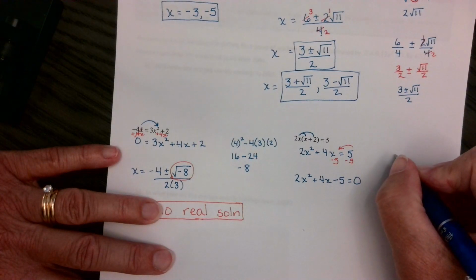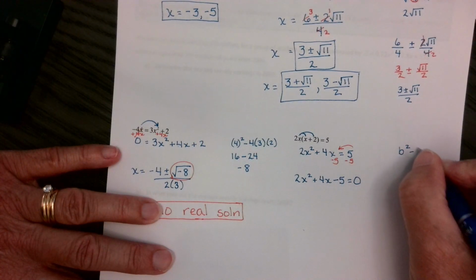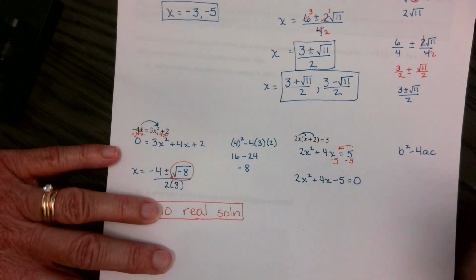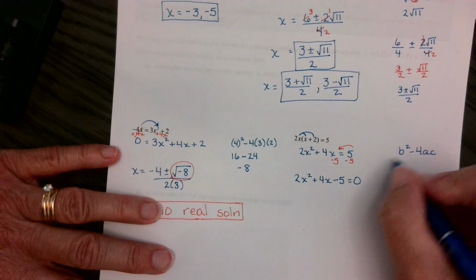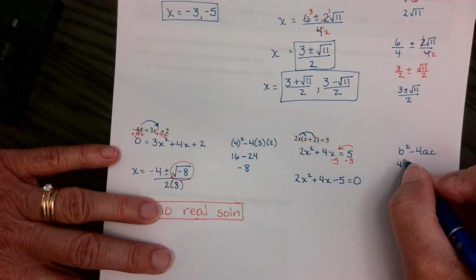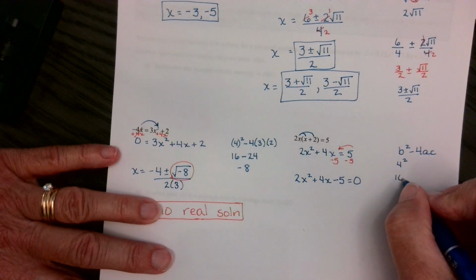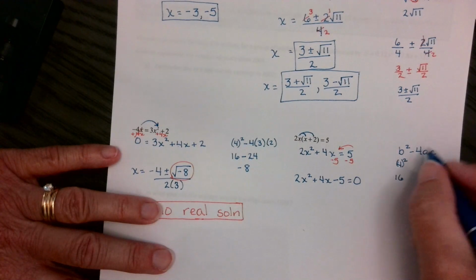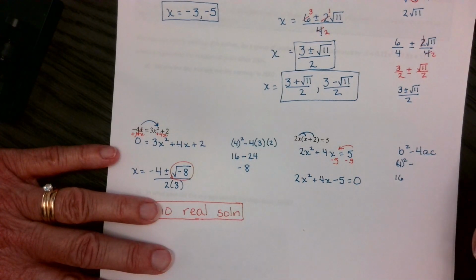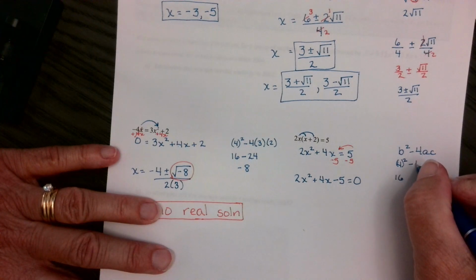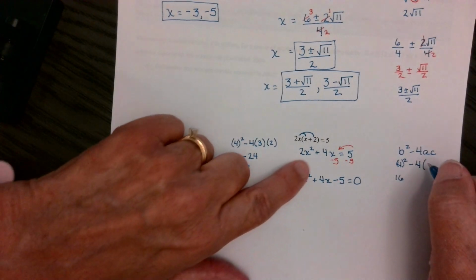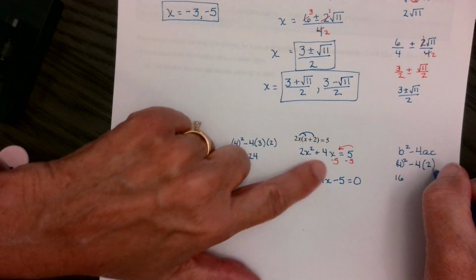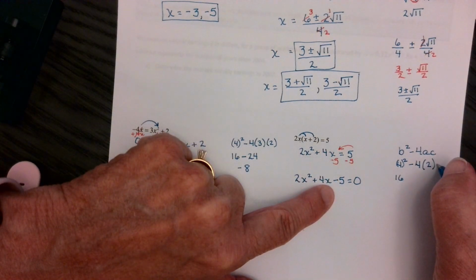Let's see if it factors. B squared minus 4ac, that's our discriminant. It's what's underneath that radical. Our b is 4 squared, that gives us 16. You can put parentheses around it, doesn't matter. If it's negative, it needs it if you're going to use your calculator. Minus 4 times my a, which is 2, times my c, which is negative 5.